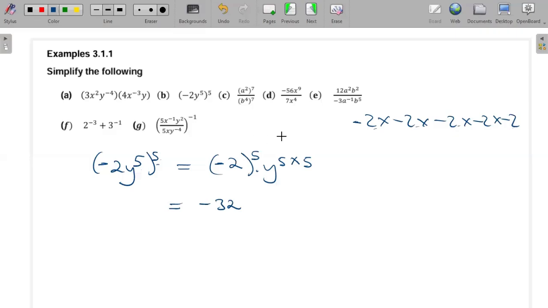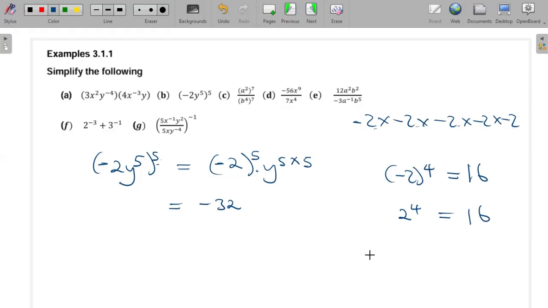But if it's raised to an even power, so if we had negative 2 raised to the power 4, this is going to give us a positive value, which is 16. This is the same as 2 to the power 4, which is also 16. But if we raise it to an odd power, it's going to give us a negative sign.